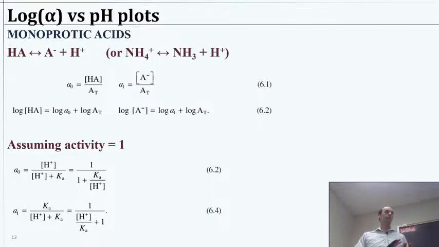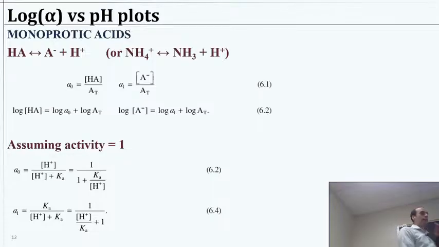We're just keeping it simple to figure out the basics at the moment. We have HA in equilibrium with A minus and H plus. Maybe this is ammonia, maybe this is HOCl, whatever the case. In the case of ammonia, that's slightly different, since we've got the plus and the neutral, but it doesn't matter too much. This dynamic is going to happen.